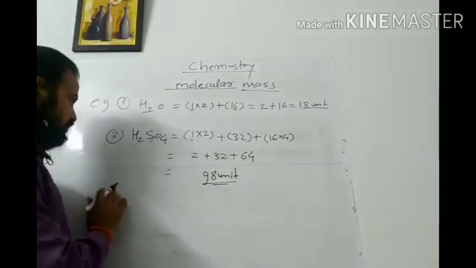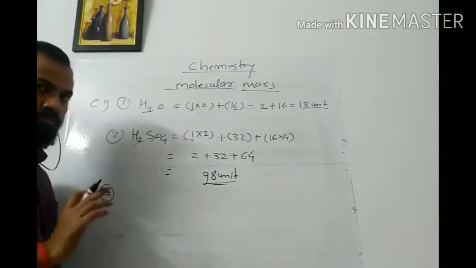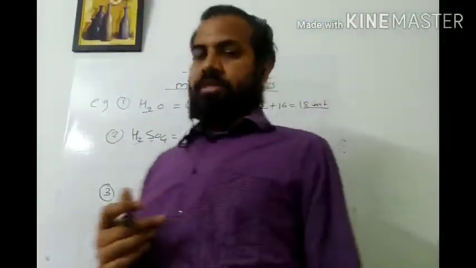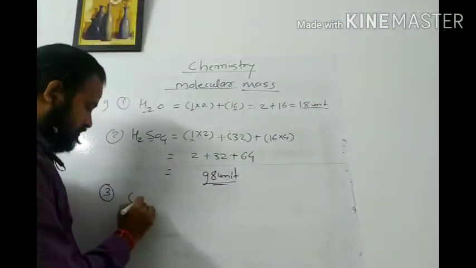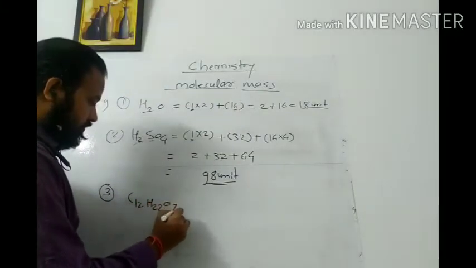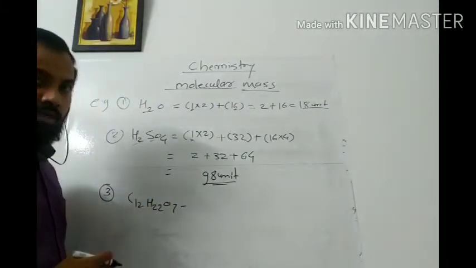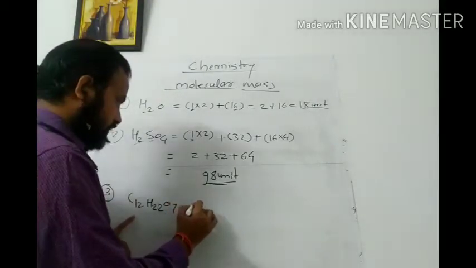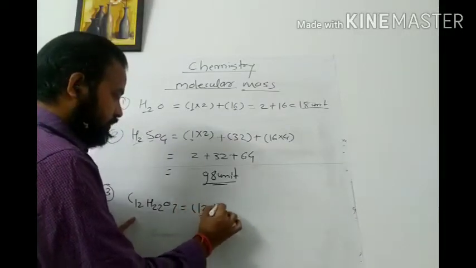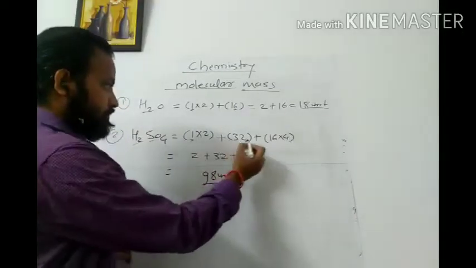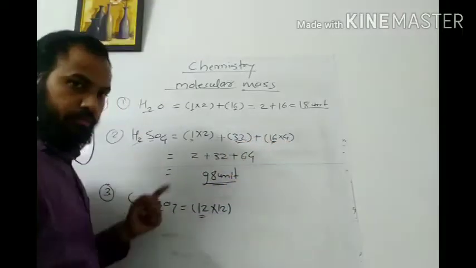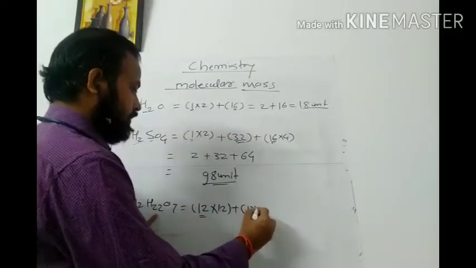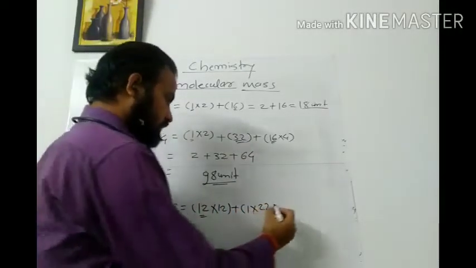Then we will see one more example, where atoms are combined in a complex ratio. Let us say C12H22O7. We commonly call it sucrose or table sugar, isn't it? Here there are a total of 12 carbon atoms whose atomic mass is 12. So this is atomic mass and this is the number of atoms, as in the previous example. Here for hydrogen, 1 is the atomic mass and 22 is the total atoms.